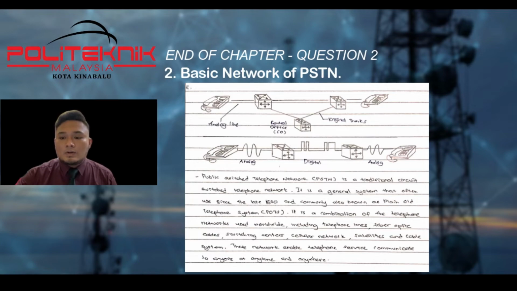As can be seen in the diagram, two phones are connected from a central office as a middle system provider that functions to convert any analog input to digital, then convert it back to analog so that the other client can receive it perfectly. The second diagram is the general function of how the system should work, from analog to digital and converted back to analog.